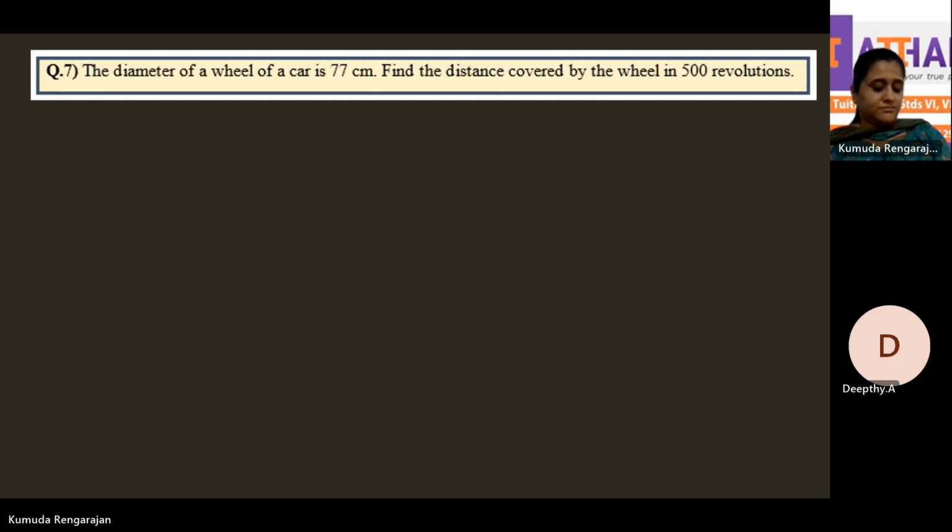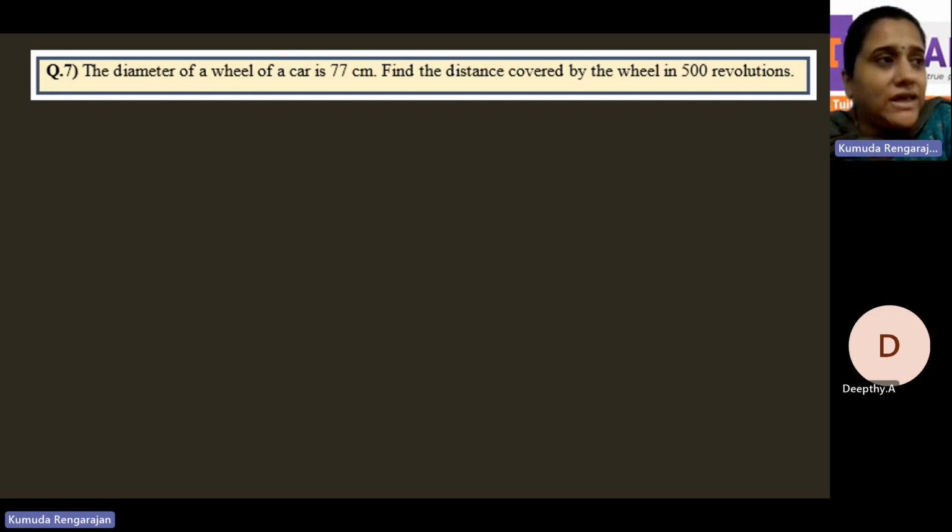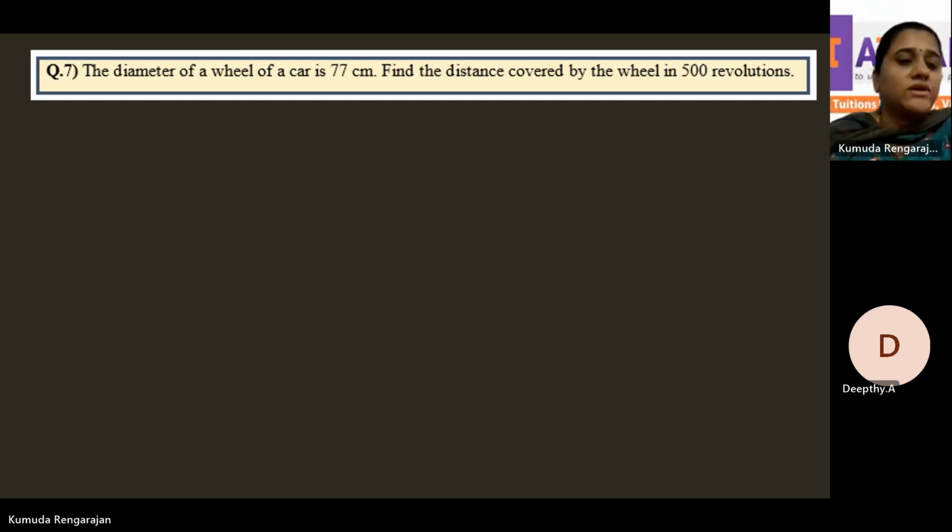No. Okay, what is the first thing we have to find? Area or perimeter? Circumference. Okay, fine. So Tanya says we have to first find the circumference.